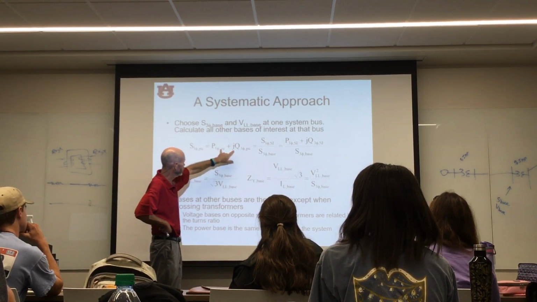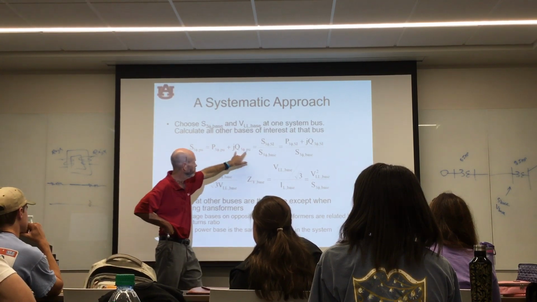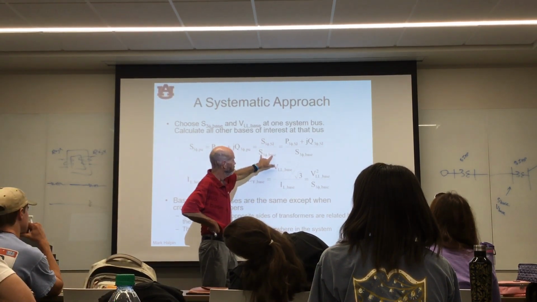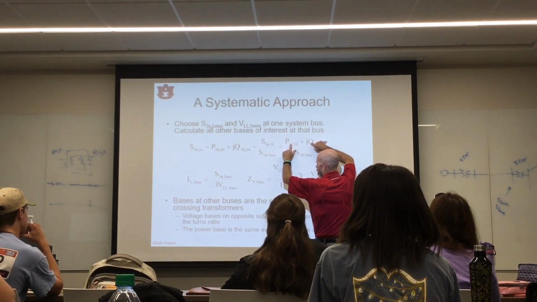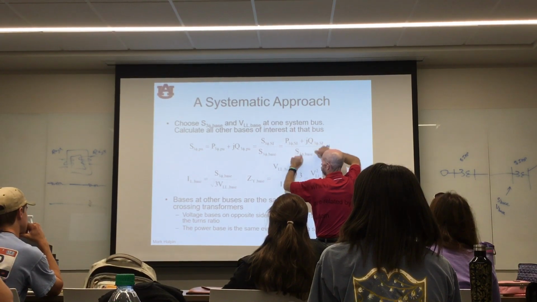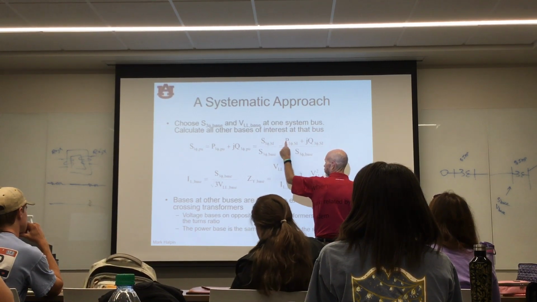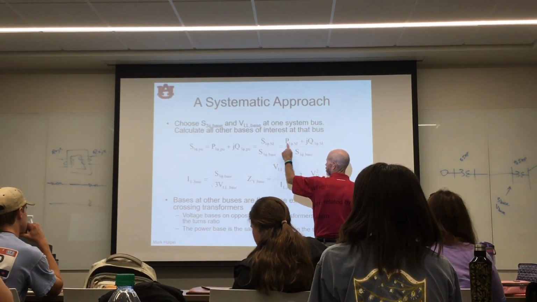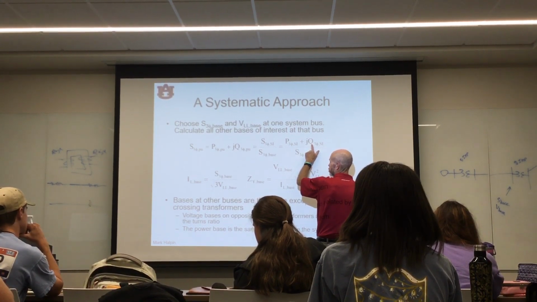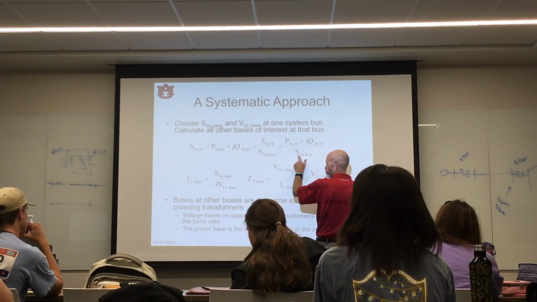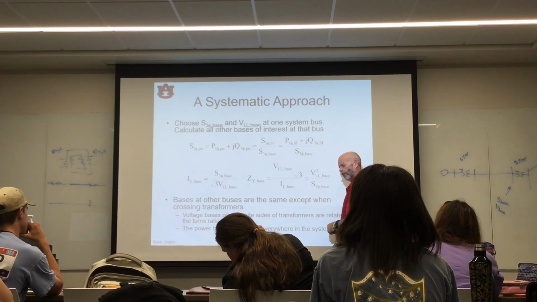Well, here is the complex power written in rectangular form. How do I put it in per unit? Divide by the base. Divide this by the base. So look what happens right here. If I plug in the number in complex form, I've got P plus jQ, both of which are divided by S base. So P in watts is going to get divided by S in volt-amperes. Q in vars is going to get divided by S in volt-amperes. What?